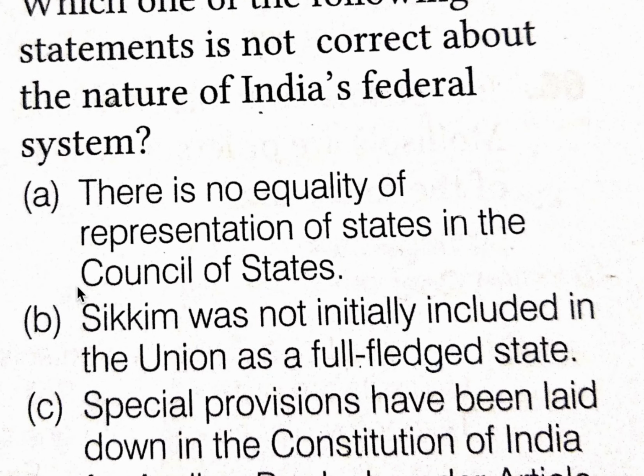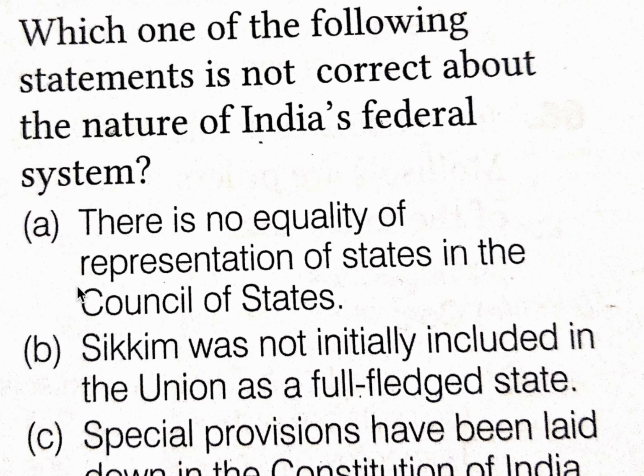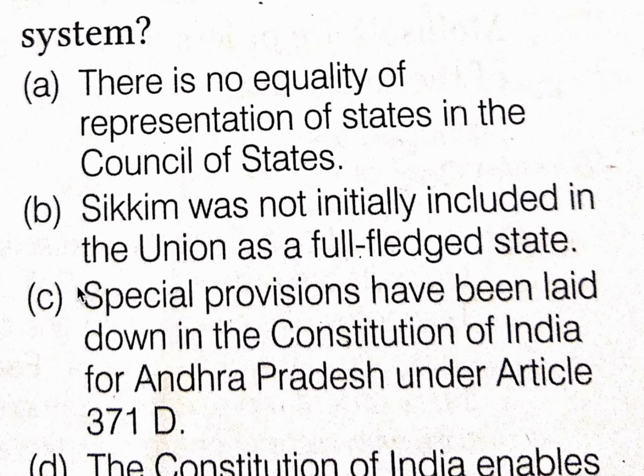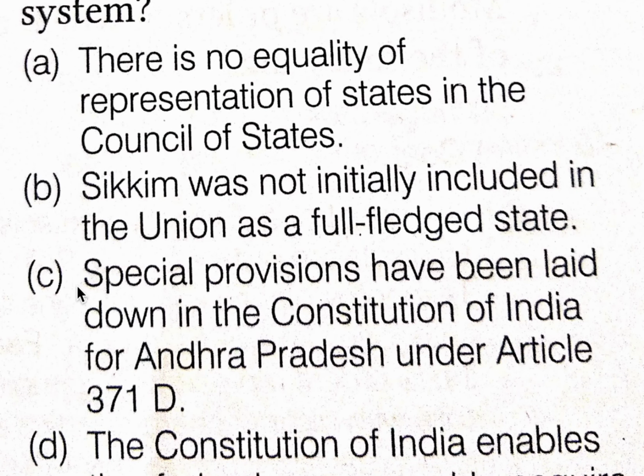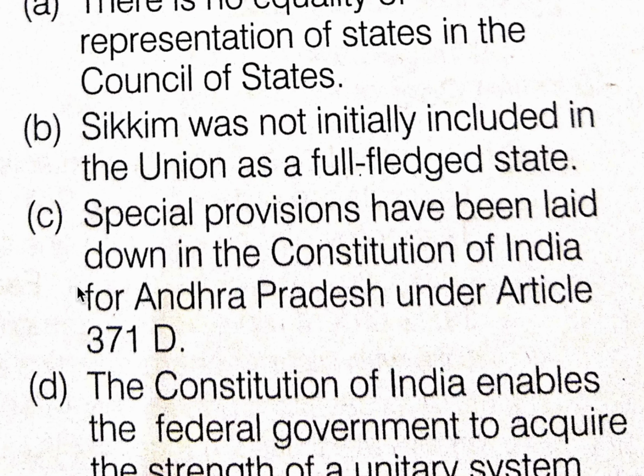The next question is, which one of the following statements is not correct about the nature of India's federal system? Option A, there is no equality of representation of states in the Council of States. Option B, Sikkim was not initially included in the Union as a full-fledged state. Option C, special provisions have been laid down in the Constitution of India for Andhra Pradesh under Article 371D.